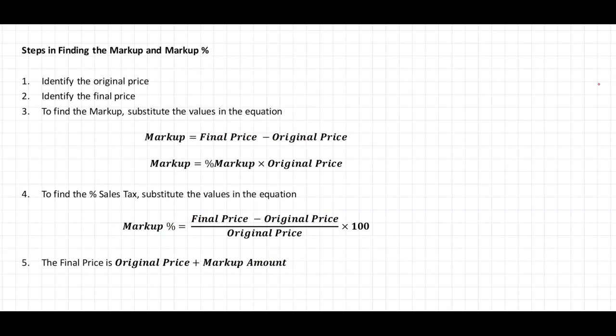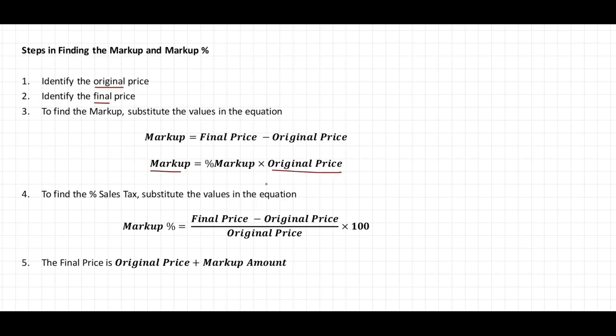Now you may ask, how do I go about working on problems that have to do with markup? First, we want to identify the original price. We want to identify the final price. And then if you want to get the markup and you have original and final prices, you're going to have your markup equal to your final price minus your original price. And then your markup is going to be your percent markup multiplied by your original price.